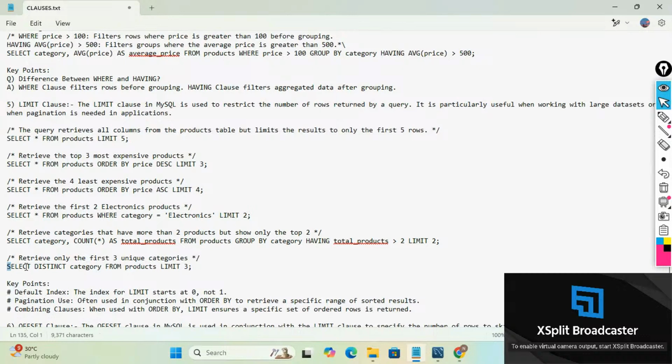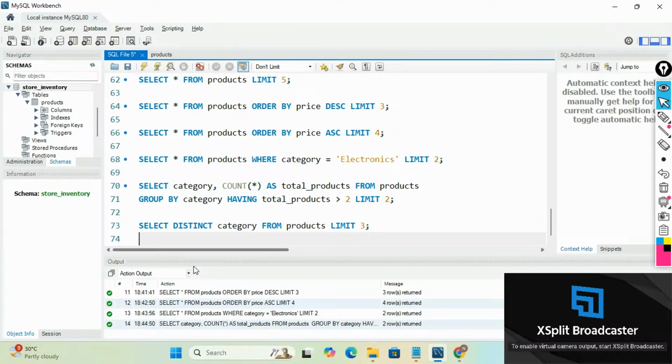Then this is something different because for the first time we are going to use the distinct keyword. What does this distinct do? This distinct will return only the unique values under category. I can keep it as select category from products.